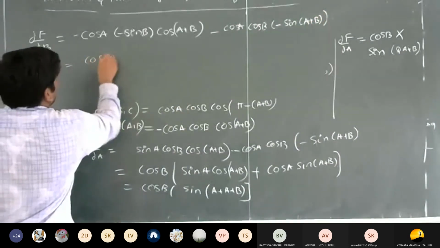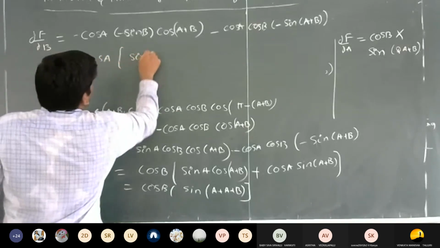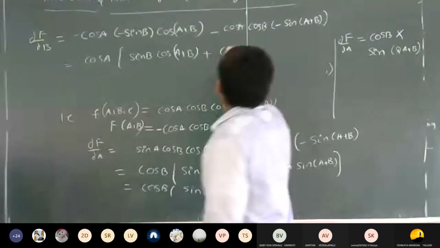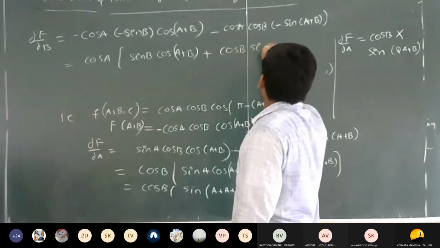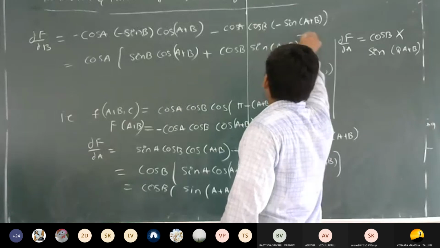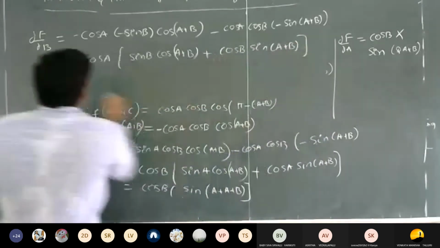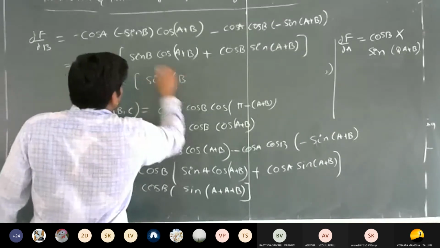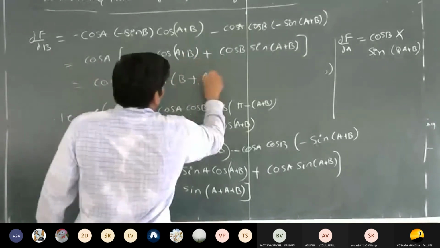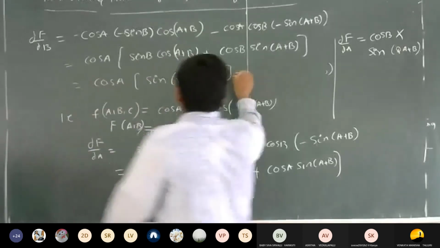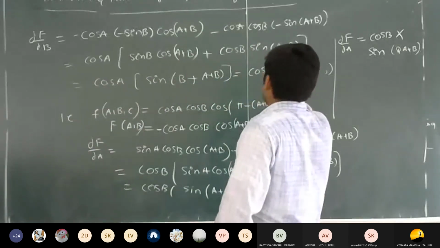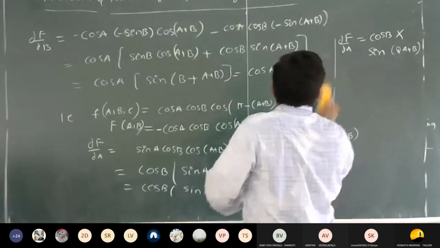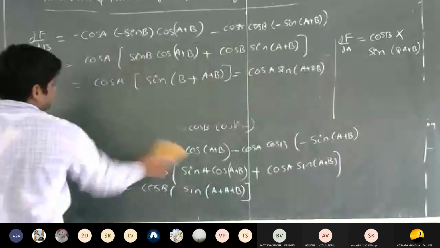Cos A is constant, so it is sin B cos of A plus B plus cos B sin of A plus B. It looks like sin A cos B plus cos A sin B, so it is sin of A plus 2B. So dou F by dou B is equal to cos A into sin of A plus 2B. Is it clear?